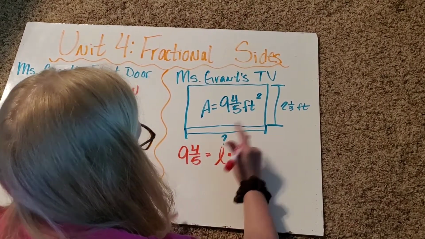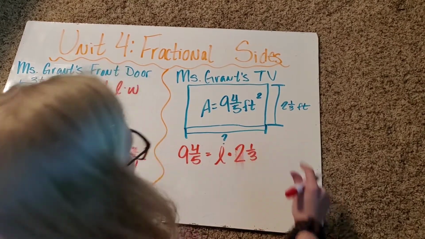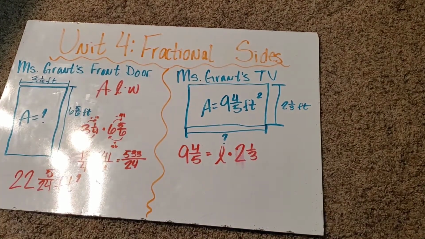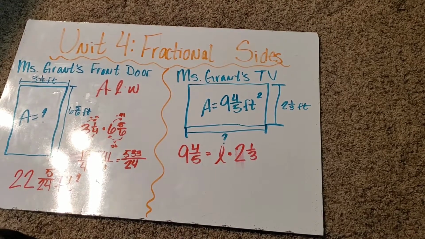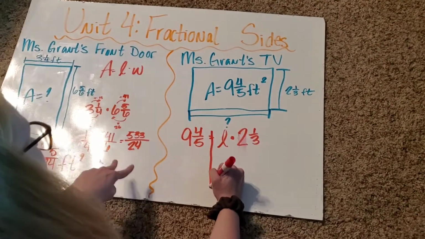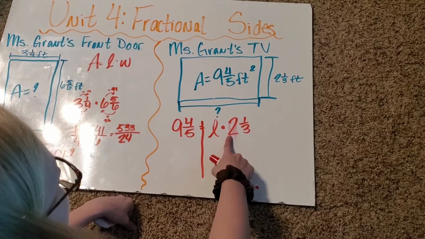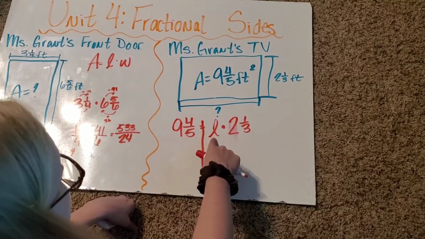We have the width is 2 1/3. Okay. So this actually looks like something we did in Unit 6. If I draw my line, I can find what my L is. The 2 1/3 is multiplying the L.